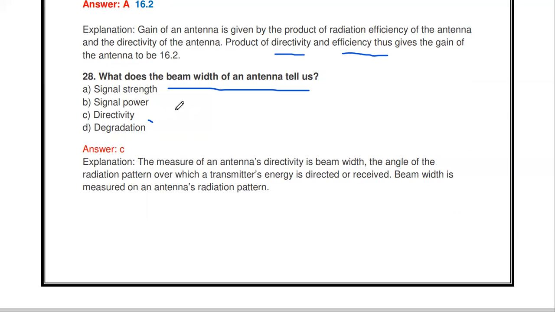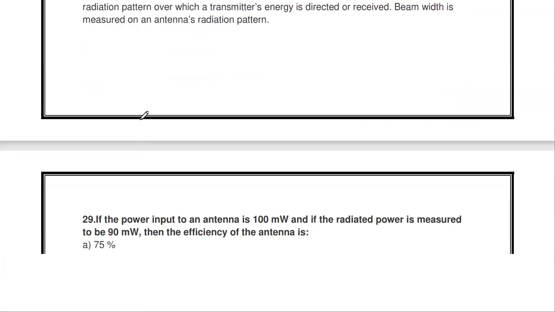From the beam width, we can calculate the directivity of the antenna. The measure of antenna directivity is the beam width, or angle of radiation pattern over which the transmitted energy is directed or received. So the beam width is also one of the important parameters in an antenna radiation pattern.